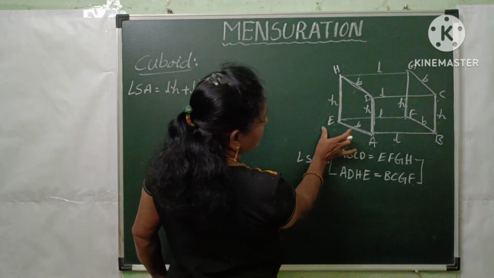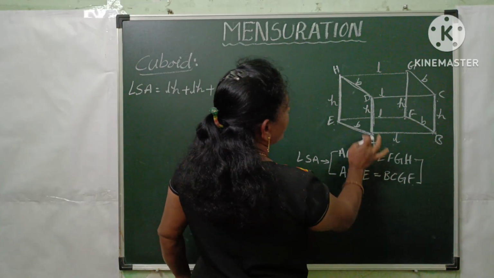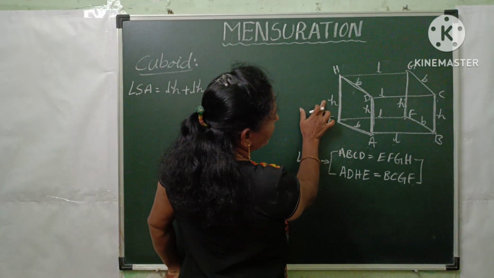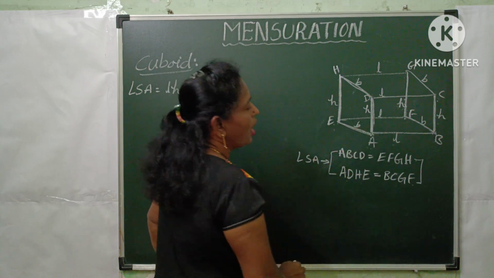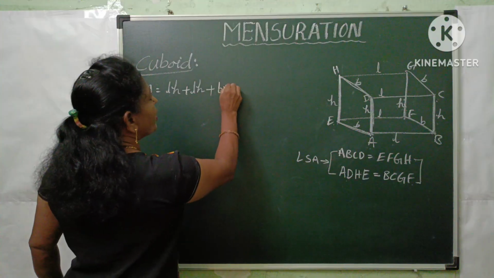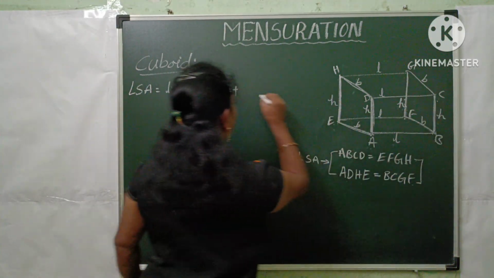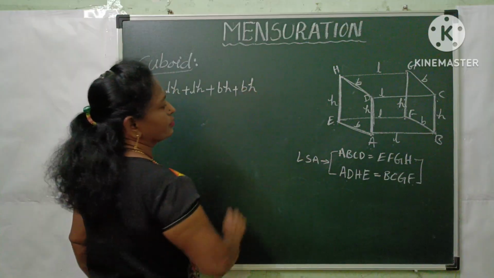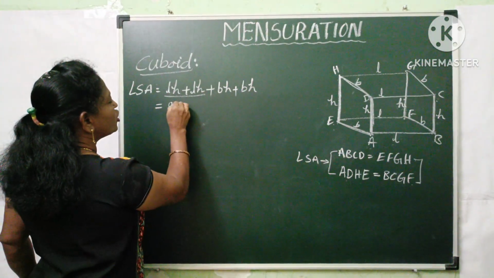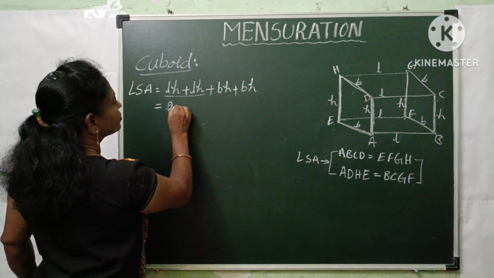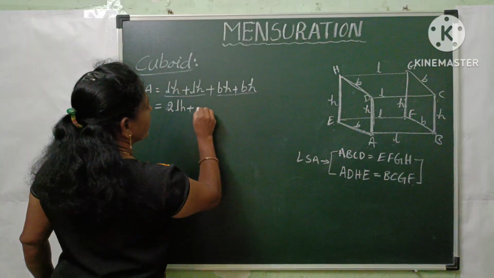So first see ADHE: breadth and height, so BH, plus the opposite wall also BH. So we have 2LH plus 2BH.